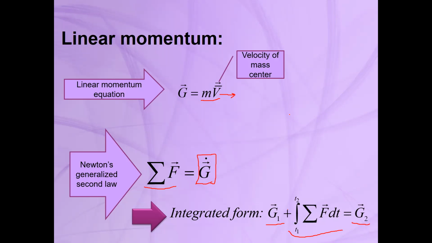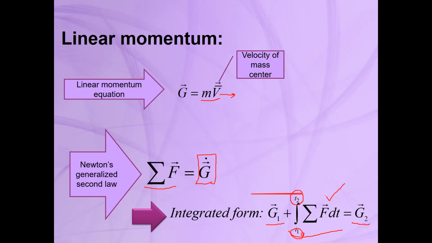When you want to use impulse and momentum, we use the integrated form of the equation of Newton's second law, because in this form we have the impulse. Usually, as I told you, in particles, in impulse and momentum, we have a force in a very, very short period of time between, for example, T1 and T2.